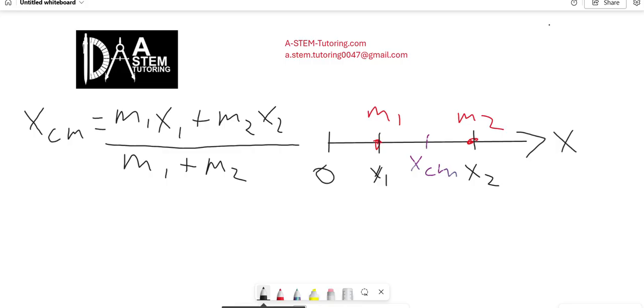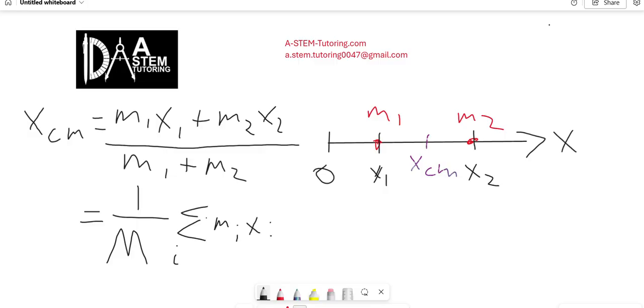If we want to write this with summation notation, we could use this: 1 over M, where capital M represents all the individual masses added together, times the summation across i of m sub i x sub i. So you could just extend this to as many points as you like.